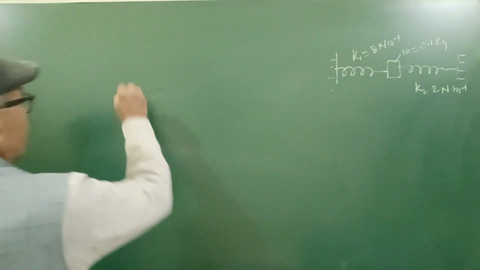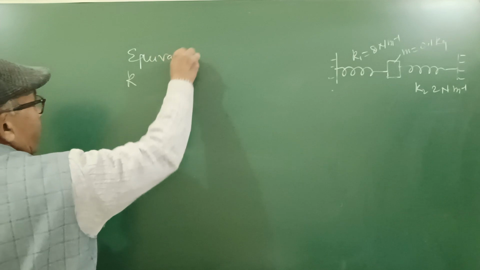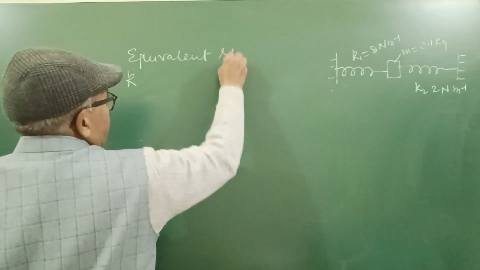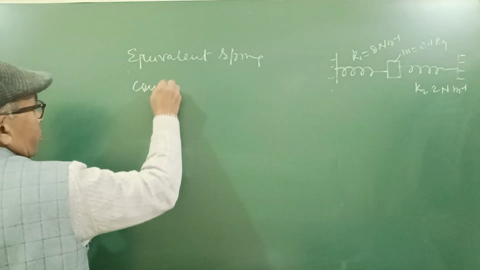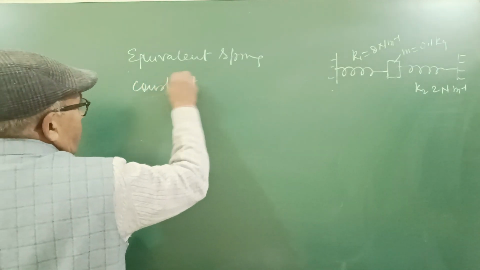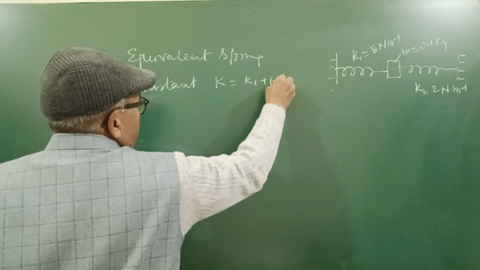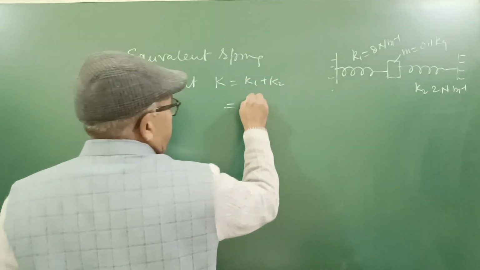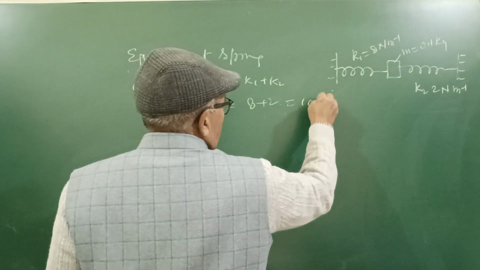So the equivalent spring constant K is equal to K1 plus K2. So it is 8 plus 2, 10 Newton per meter.